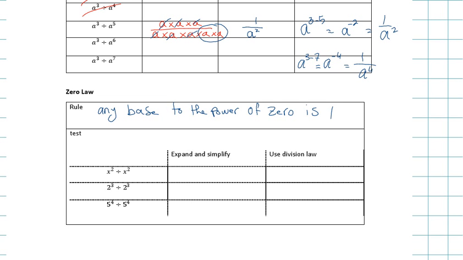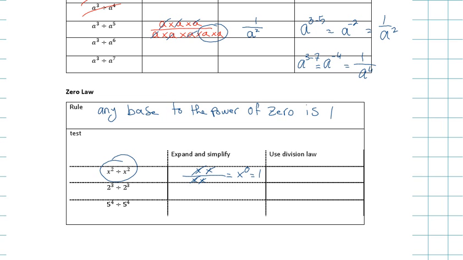Right? So if you have x squared divided by x squared, you're dividing it by itself. So I have x times x divided by x times x. They cancel each other, so you're left with x to the power of 0, which is 1.